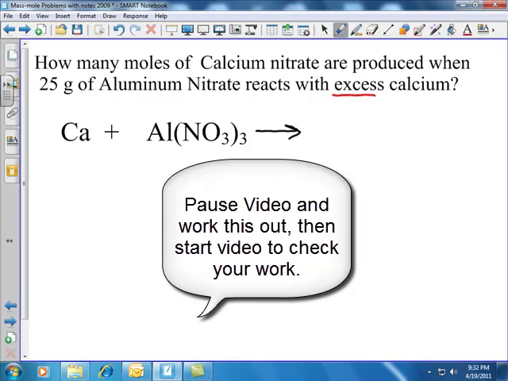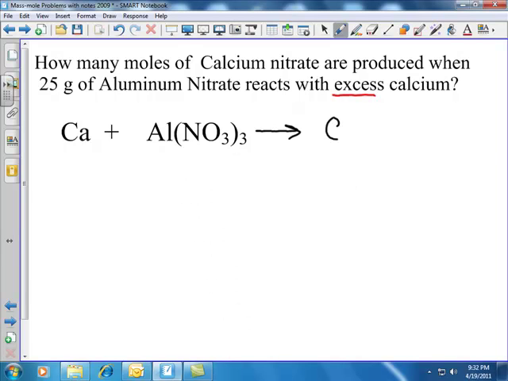Okay, and the products of this reaction are CaNO3 2 plus Al. And you might have written the Al first, and that's fine. And then we want to balance this, so we're going to put a 3 and a 2 and a 3 and a 2. Okay, so there's my balanced equation. Now go ahead and work this out.